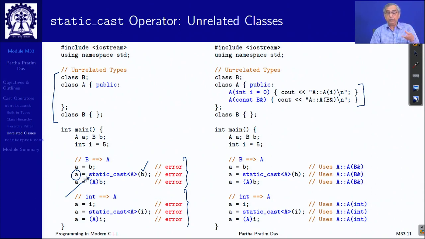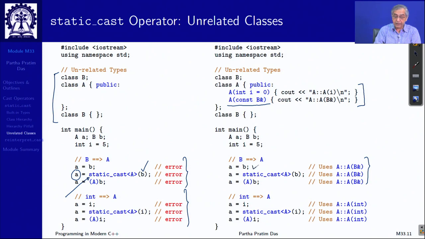So, very simply, if we need to convert a B type object to an A type, I need to provide a constructor for that. That is the simplest way of doing it. Just provide a constructor which takes a B object and gives you an A object. As you provide that, all of these will become valid.